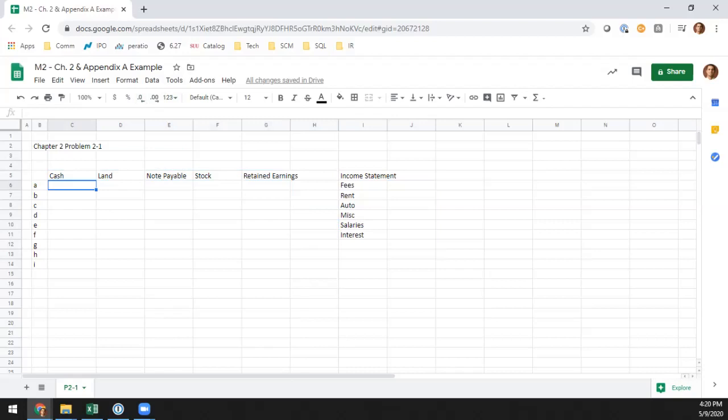A, opened a business bank account in the name of Woods Insurance with a deposit of 40,000 in exchange for capital stock. Okay, so if we open a bank account with a deposit of $40,000, we have increased our cash in the business.